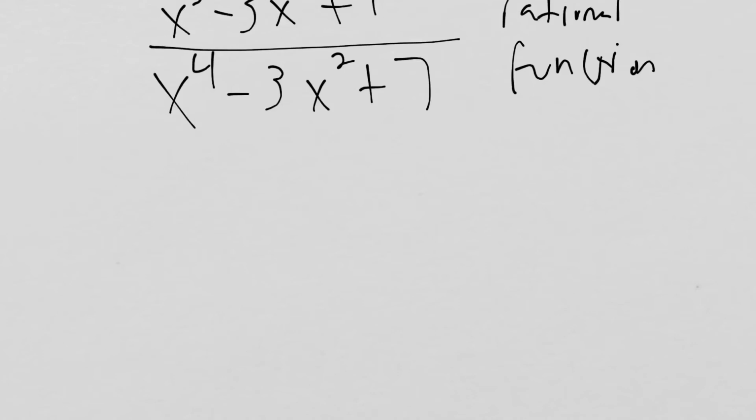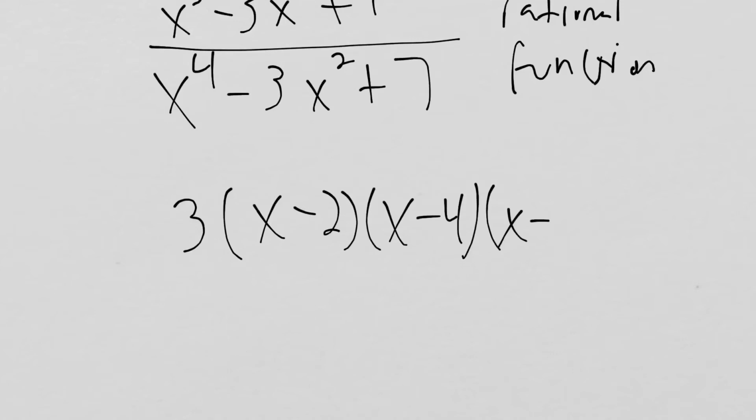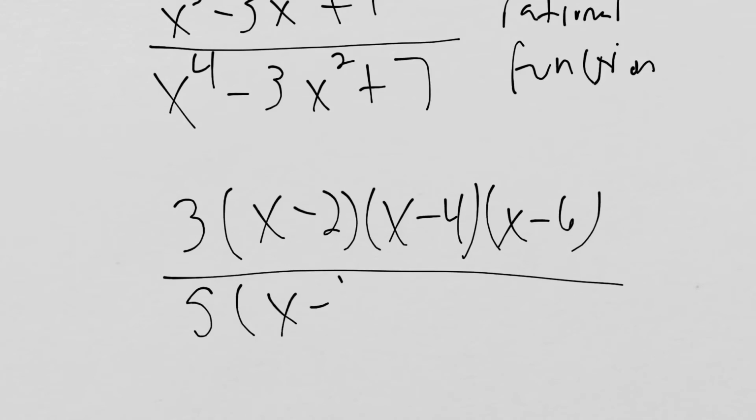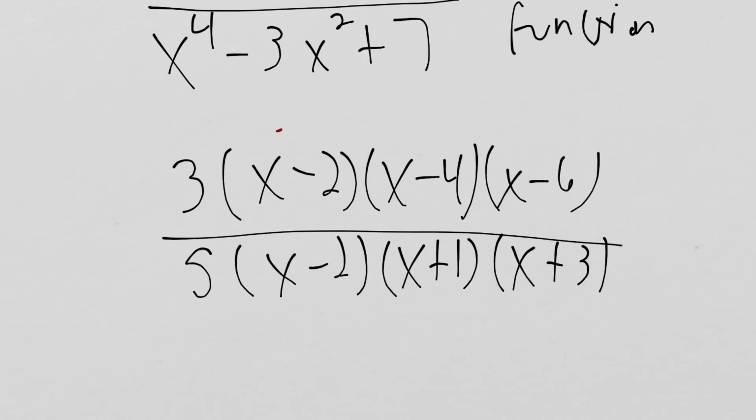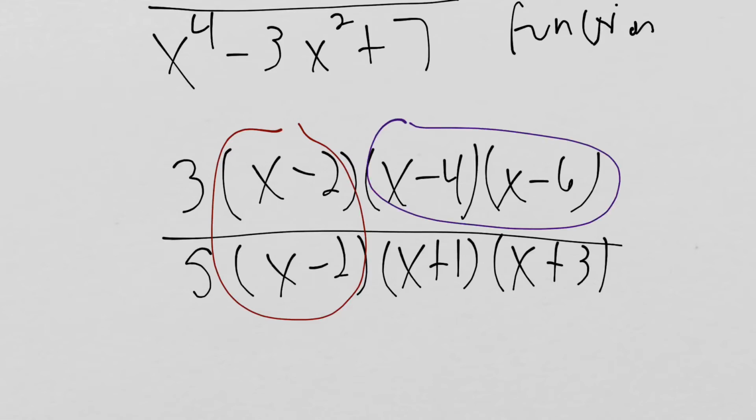So we may have had a function that would factor down to something like 3 times (x - 4) times (x - 6), and then maybe that's divided by 5 times (x - 2) times (x + 1) times (x + 3), right? And then we immediately see that we have some matching factors on top and bottom. We have some factors that only appear in the top, and then we have some factors that only appear in the bottom.